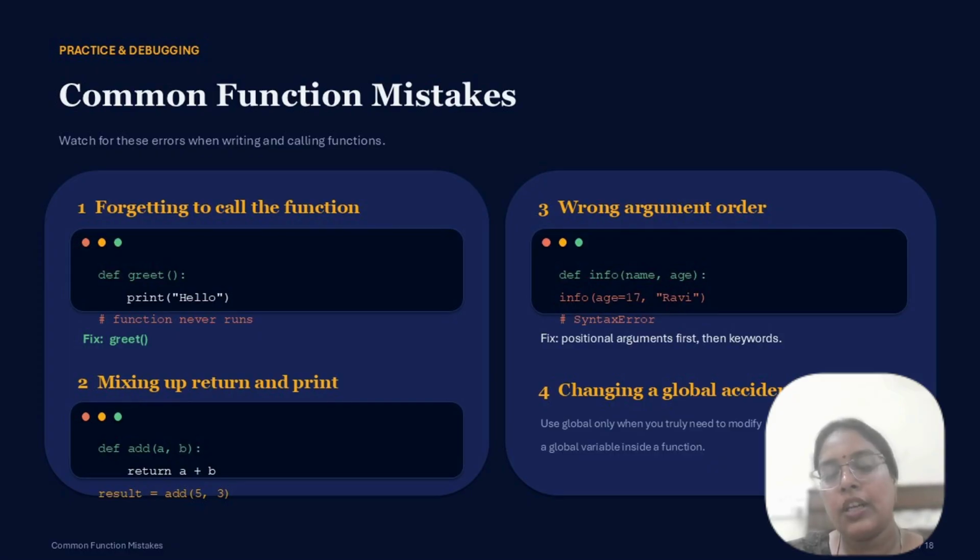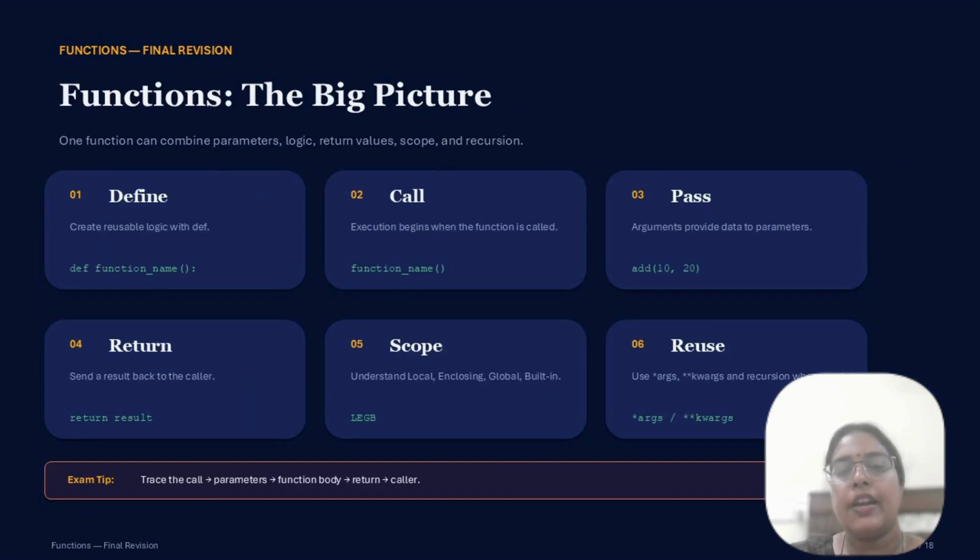You have to send arguments in proper order, because you may feel whatever you have given is correct since keyword and value are there, but for Ravi we haven't mentioned a keyword, that's why it is wrong. Changing a global accidentally: use global only when you truly need it, and don't use global if you don't need it.